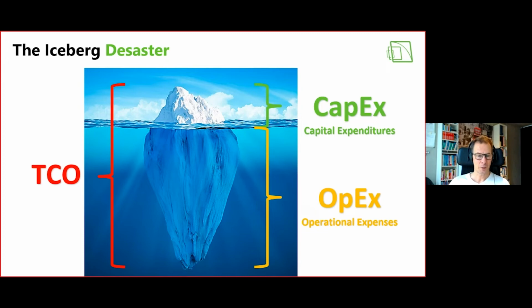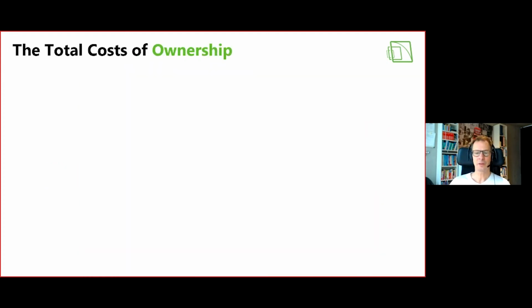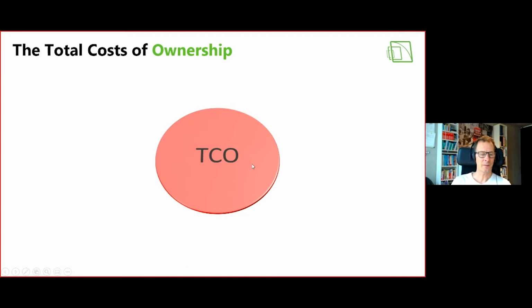Most of the costs are produced during the life cycle, not in the investment but in the operational expenses, and we want to have a look at how Mirasys can fit into this today. Before we do this, just a definition of total cost of ownership. There are a lot of definitions on the internet.